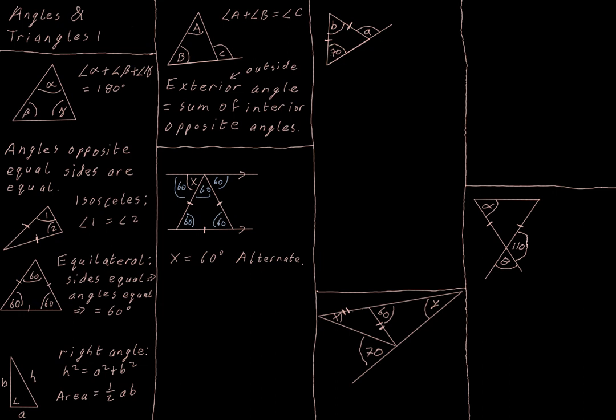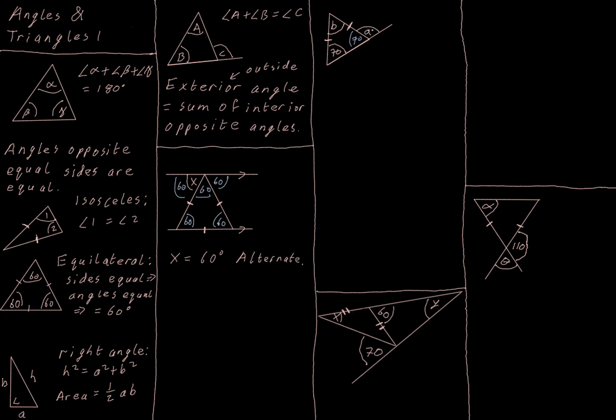So the angle opposite here must be 70 degrees. These two angles must be equal to each other. Well, I now know that the angles in a triangle add up to 180 degrees. So I can say 70 plus B is 180 degrees. So I can find the value of B.